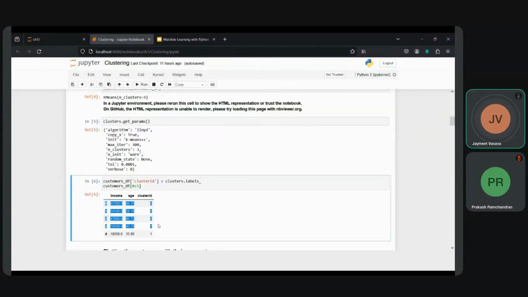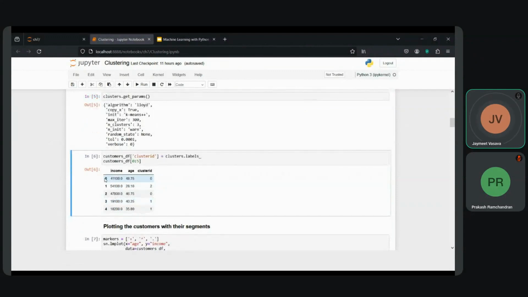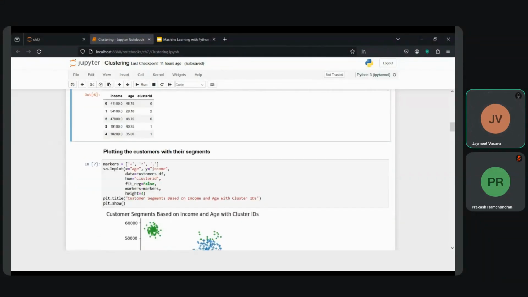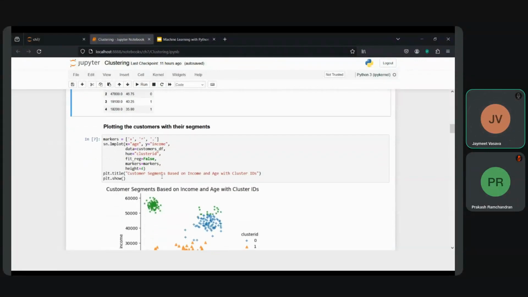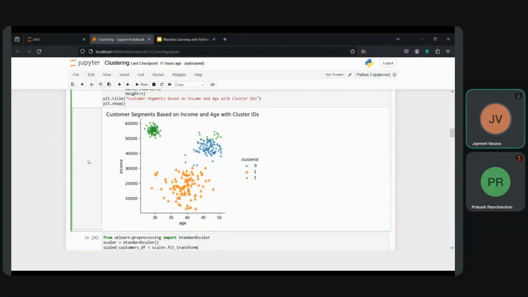These are the first 5 records of the data frame with cluster IDs 0, 1, and 2. Then we plotted these customer segments with the cluster IDs, using the symbols over here. This is the graph that we get.